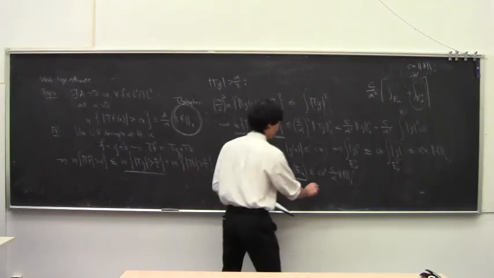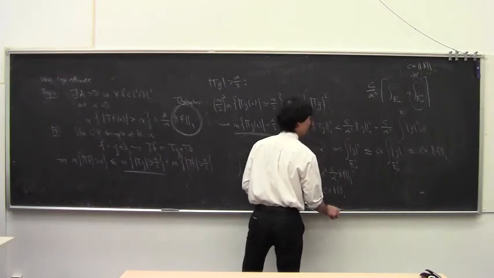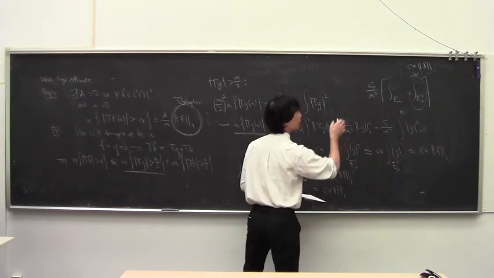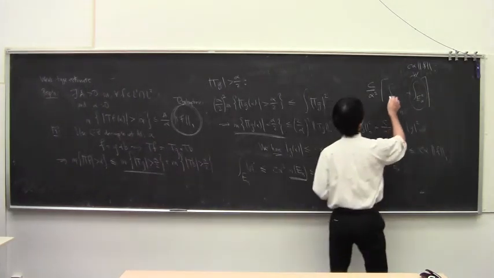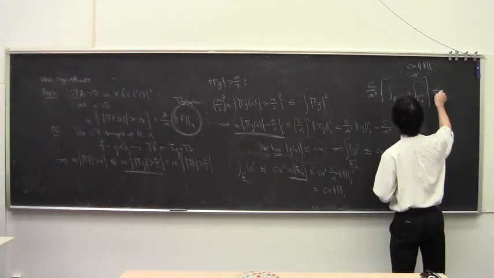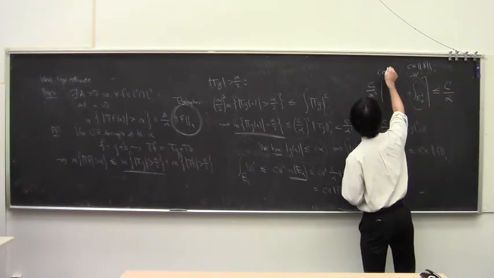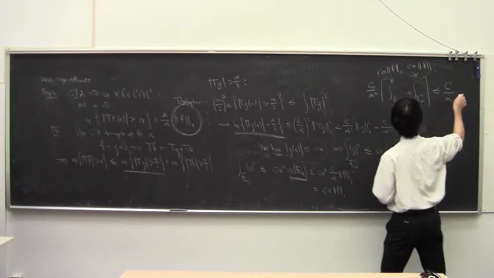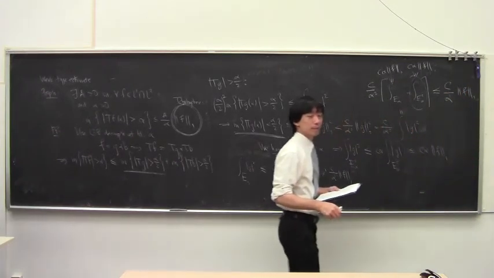And so again, we get some C times alpha times the L1 norm of f. So both of these guys are controlled by C alpha times the L1 norm of f, and so we get this one.